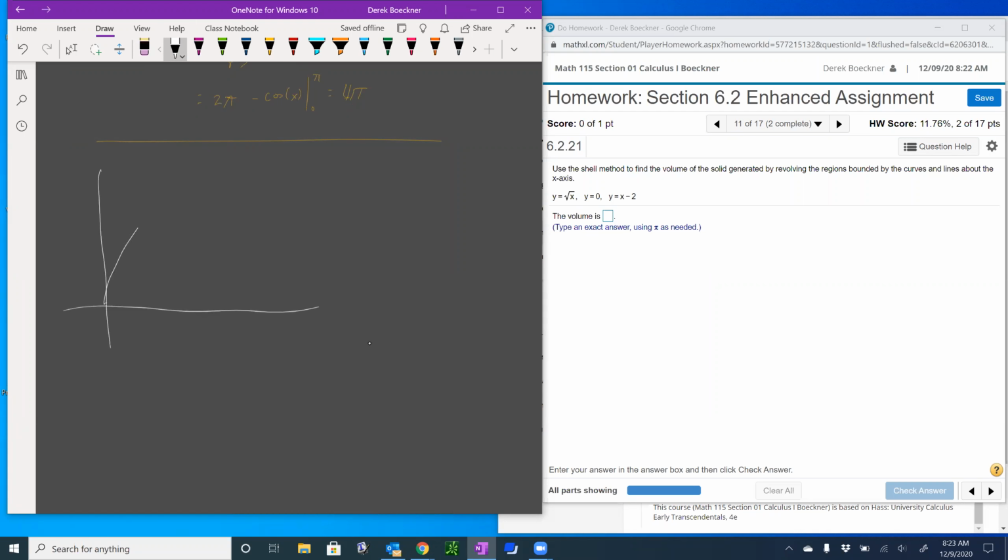Square root of x, y equals 0, that's the x-axis. y equals x minus 2. Okay, so I've got this guy, and we want to revolve this around the x-axis.